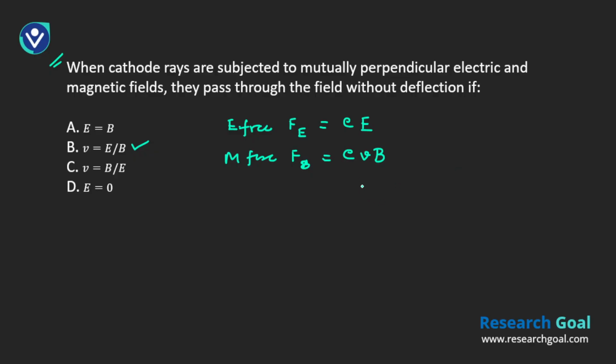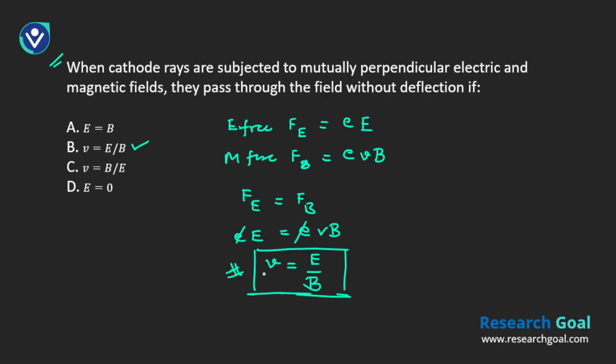Now the net force is 0 because that is why it becomes stationary. So that means Fe is equal to Fb, which further means eE is equal to eVB. And from this, if we cancel out the electron charge, then we have V is equal to E upon B. From this equation, you can clearly point out that this is the correct option. Not this one, obviously, it's reversed. Not this one, and not this one also, right? So your correct option is B in this case.